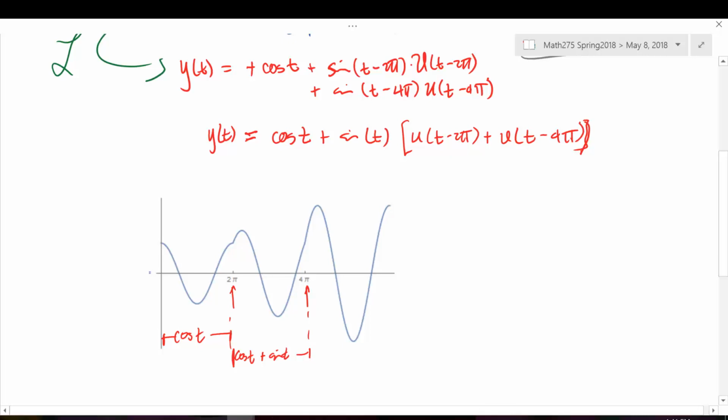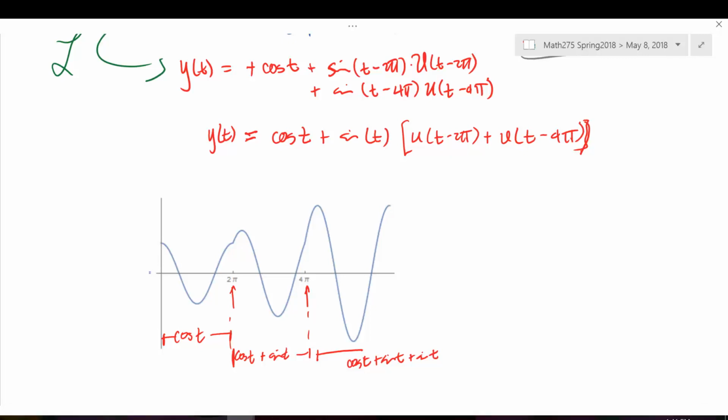And then after that, you have the cosine of t plus sine of t plus another sine of t. I guess I should have said 2 sine t. So they look like they have the same amplitude.